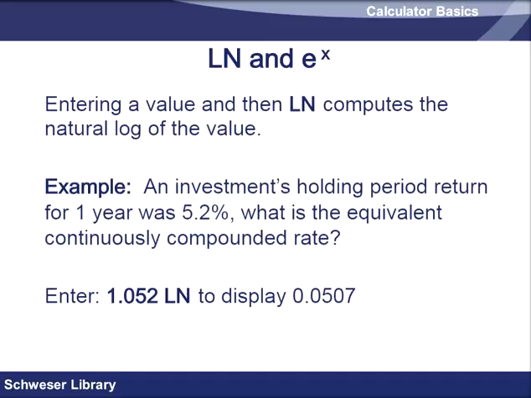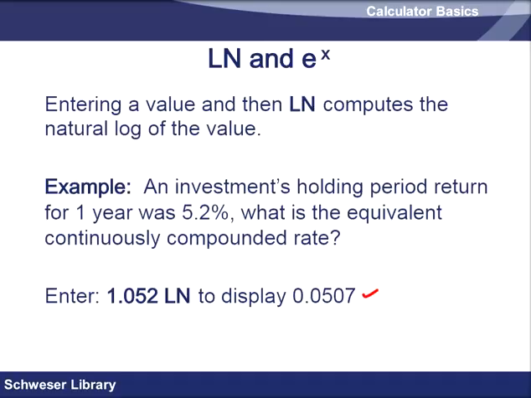So if we've got 5.2% for our holding period return, over the whole year, the value of our investment went up 5.2%. We're going to put in 1.052, got to turn it on as usual, 1.052, and then you see the ln key in the fourth row up on the left-hand side, hit that ln key, and I get 0.0507.